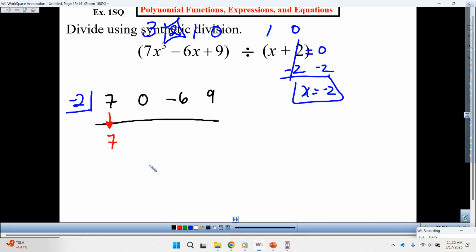Renzo? All right, Renzo. Go. Combine, that's negative 14. Then? 28. Combine, that gives us 22. Negative 44.